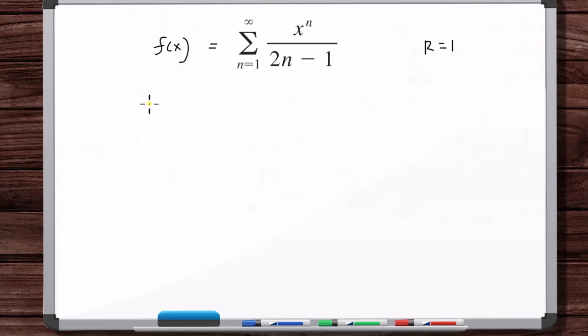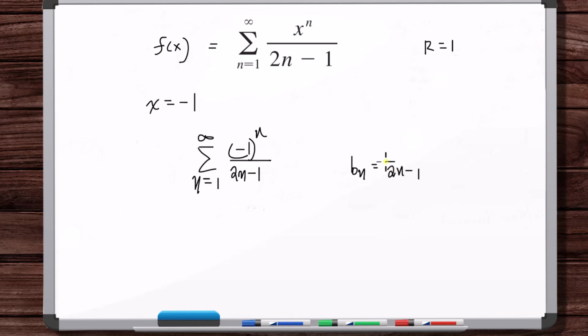What about x is equal to minus 1? Well, I believe this is going to be conditionally convergent, because it's like the alternating harmonic series we know is convergent. So, okay, how do we do this? The alternating series test. We've got b sub n is 1 over 2n minus 1.